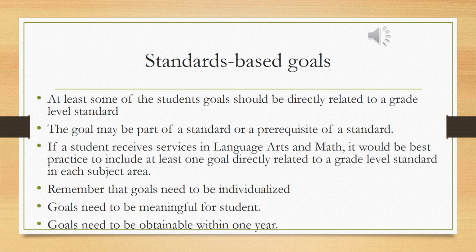Keeping in mind that a student's goals need to be obtainable within 1 year for that student. So it can be kind of tricky, but it's very important that you consider two things. It needs to be directly related to the standard, but at the same time individualized to that specific student so that it is meaningful for them and obtainable for them.